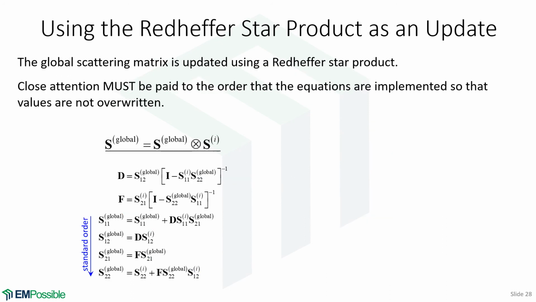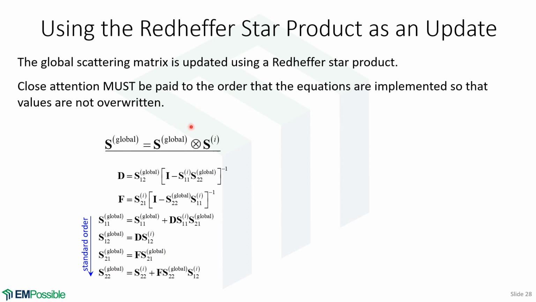There's one confusing thing about implementing the Redheffer star product that I want to mention. So down below, let's say we're updating our global scattering matrix. So we do a star product of our global scattering matrix, star, and then the current scattering matrix of a layer. Here's how we're looking at our updates. First, we'll update S11, S12, S21, S22, and everything works out just fine.